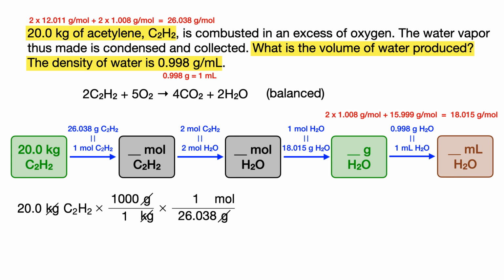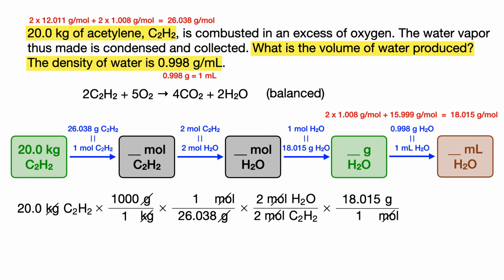Now the grams of acetylene will cancel. Now we want to go from moles of acetylene to moles of water. And here's our stoichiometry. 2 moles of acetylene give us 2 moles of water. So moles of acetylene cancel. Then we can go from moles of water to grams of water. 1 mole of water has a mass of 18.015 grams. So the moles of water will cancel.